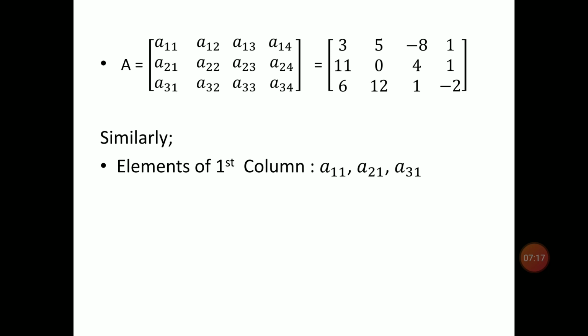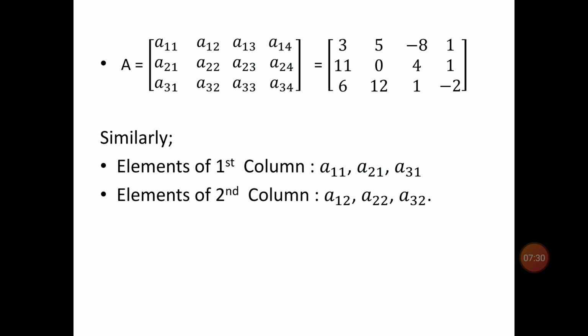So in the first column, all the elements, since they lie in the first column, have the second suffix as 1, and as their row changes, their first suffix goes on changing. One more example: elements in the second column we denote by A12, A22, A32. Here the second suffix is 2 because the element lies in the second column of matrix A.